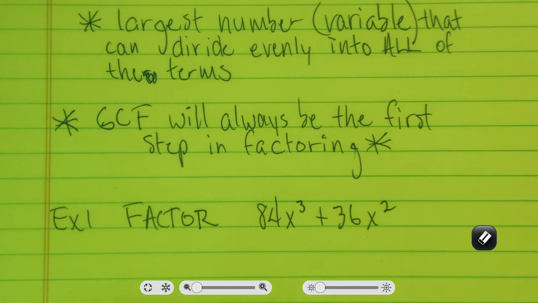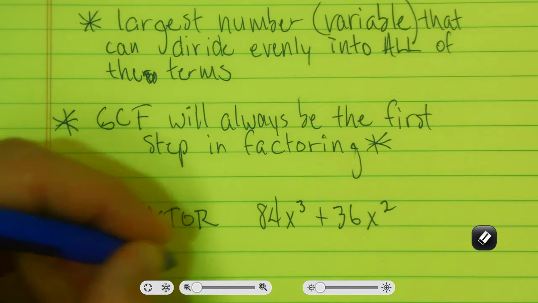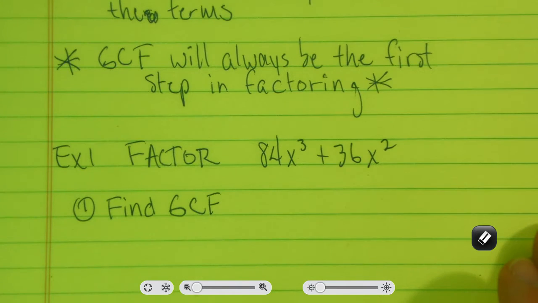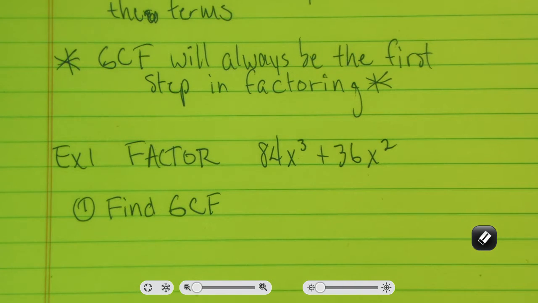So the first thing we'll do is to find the GCF: the number or the variable that will divide evenly into 84x^3 and 36x^2.